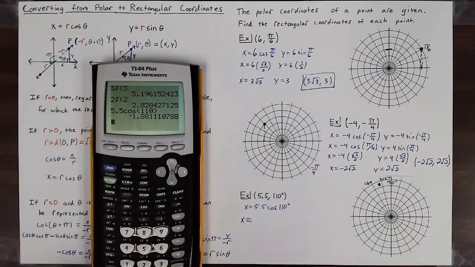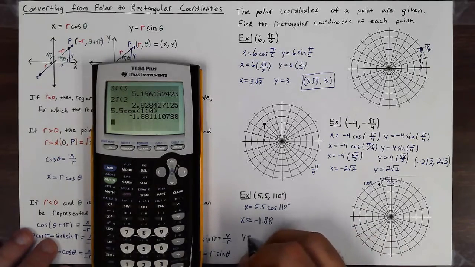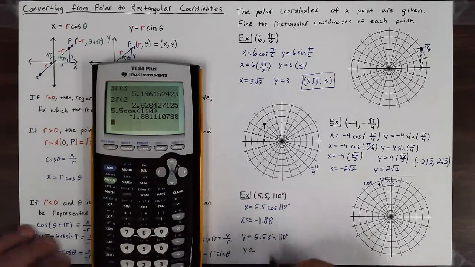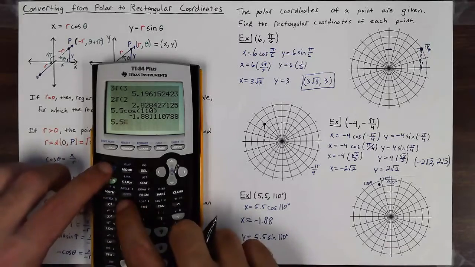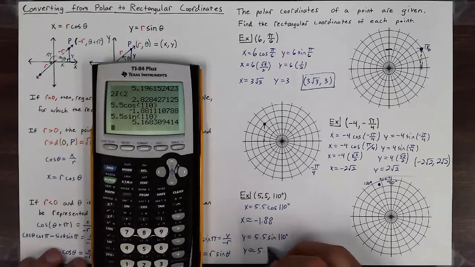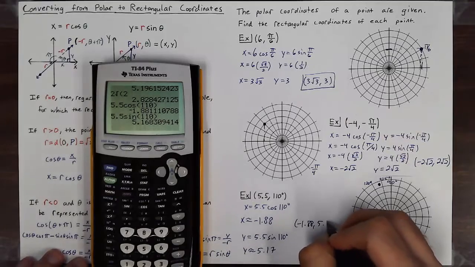So x is about negative 1.88, and the y is equal to 5.5 times sine of 110. So y is approximately 5.17. So that coordinate would be negative 1.88, comma 5.17.